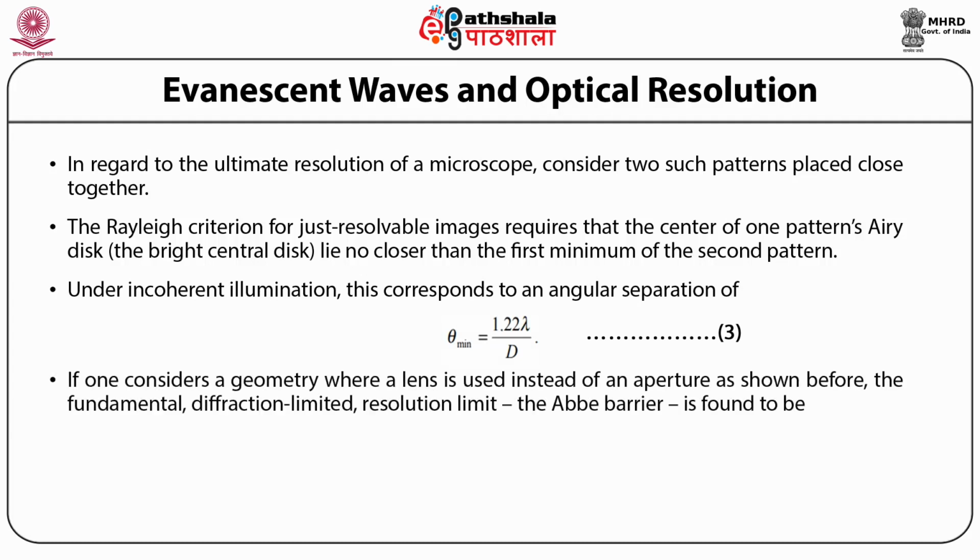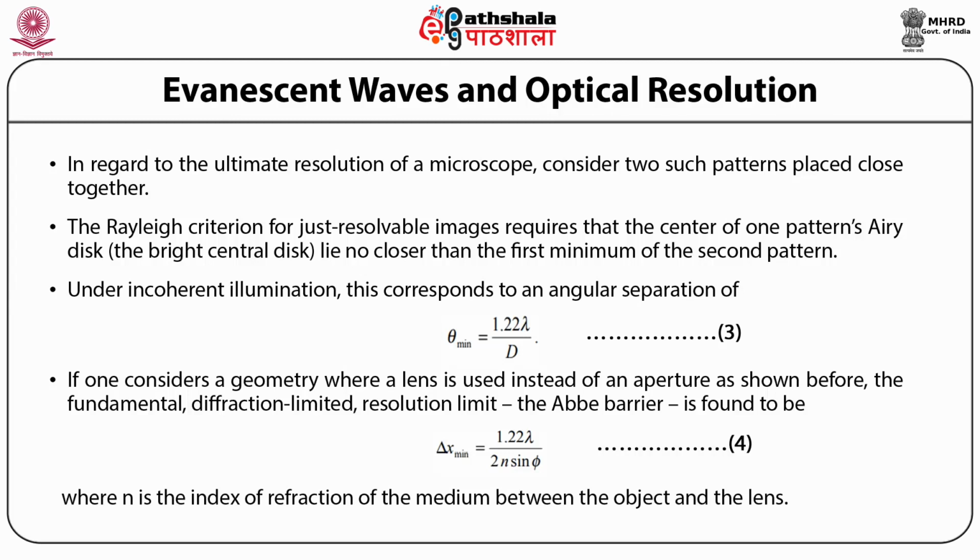If one considers a geometry where a lens is used instead of an aperture as shown before, the fundamental diffraction limited resolution limit, that is, the Abbe barrier, is found to be Δx min equals 1.22 λ divided by 2n sin φ, where n is the index of refraction of the medium between the object and the lens.